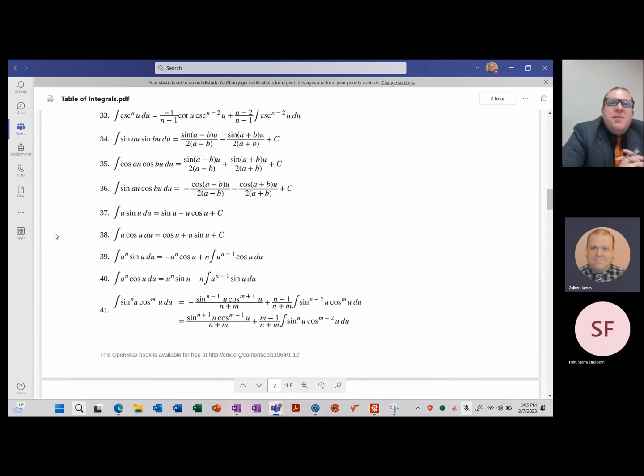Since we're doing strictly table, we now have what? Sine of u times cosine of u for the antiderivative, right? Do we see a formula for that? Which one? 36.